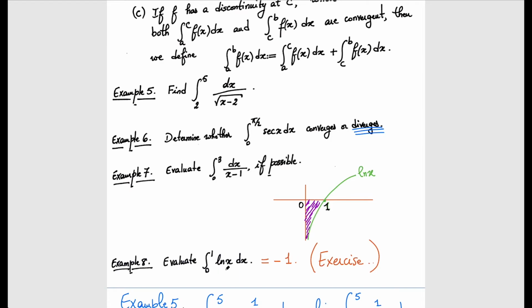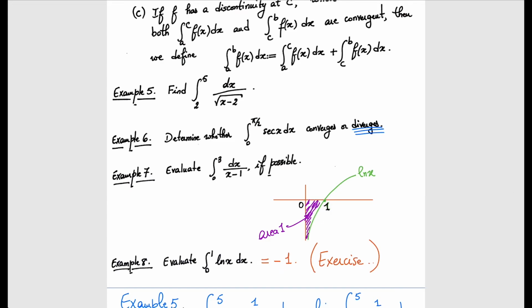And since this can be thought of as the net area, the absolute value of that becomes this area, which is 1. So you can think about this area as being 1. Okay? So after you find that this integral is actually -1, you can interpret this by saying that this region that's shaded in purple here is actually the absolute value of this, which is 1, right?